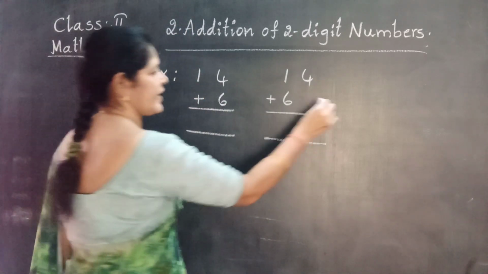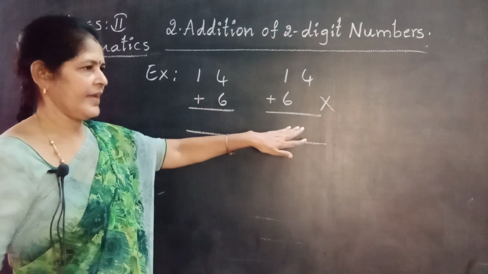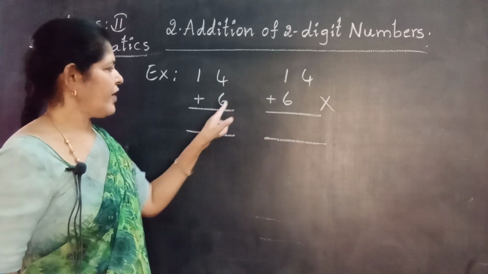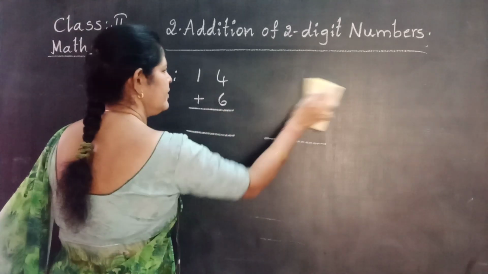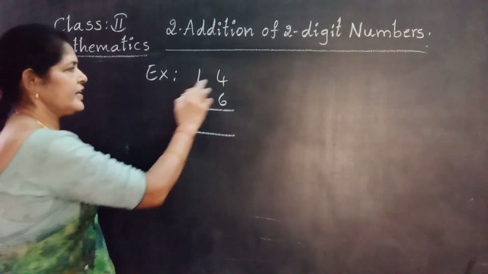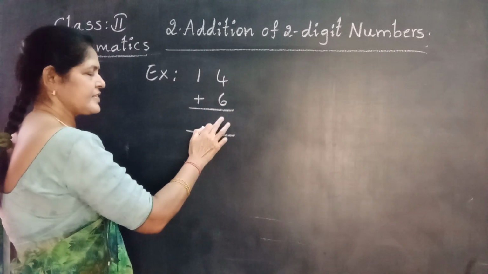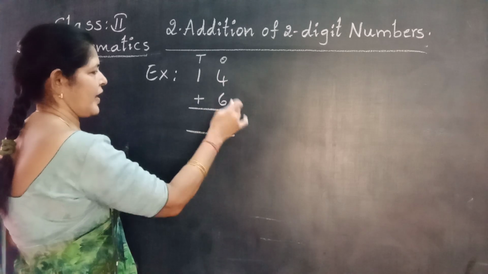The first one is correct, the second one is wrong. This is a common mistake. Don't write like this. A one-digit number should always be in the ones place. The given addition is 14 plus 6. 14 is a two-digit number. 6 is a one-digit number. Start addition from the ones place.